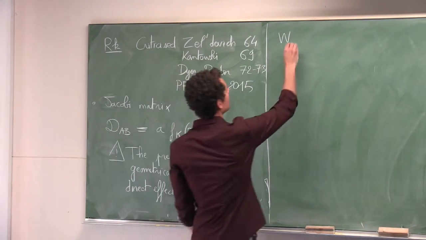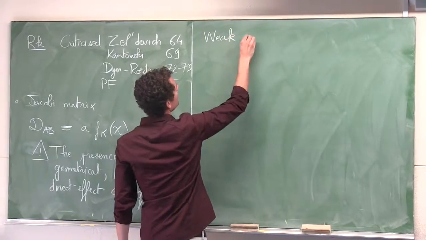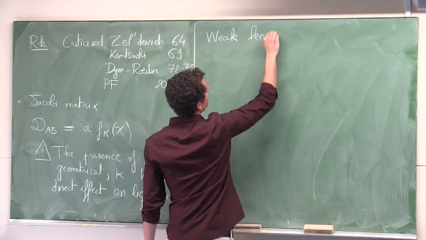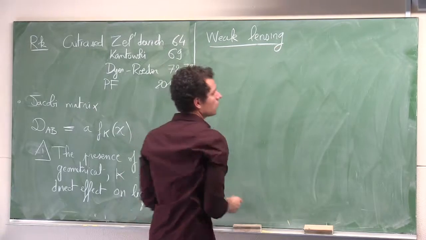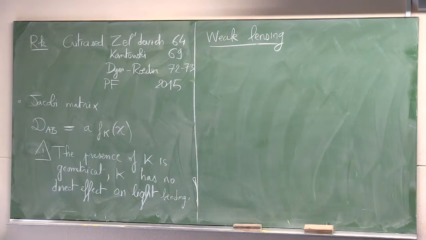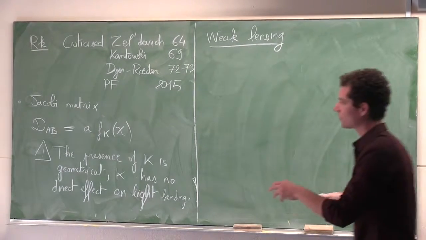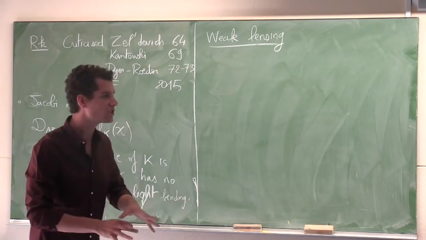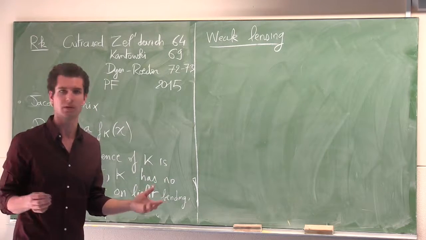Alright, so let's go to weak lensing. So weak lensing consists of the small distortions of light beams due to the large scale inhomogeneities of our universe.